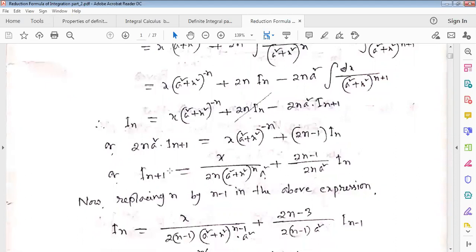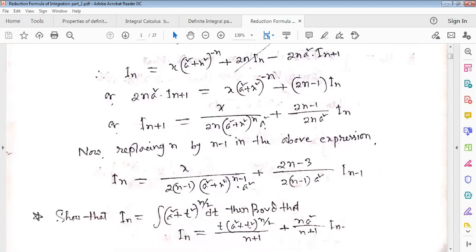Therefore I_(n plus 1) equals this, twice n s square will be divided, and this also divided by twice n s square, and this can be written as 1 divided by (s square plus x square) whole to the power n. Now replacing n by n minus 1 on both sides, just putting n equals n minus 1, then we get I_n.